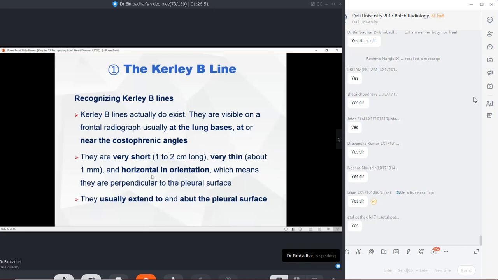They are never perpendicular. It means they are perpendicular to the pleural surface. Or you can call it parallel to the diaphragmatic surface or perpendicular to the pleural surface. Both mean the same, and they usually extend and abut the pleural surface.